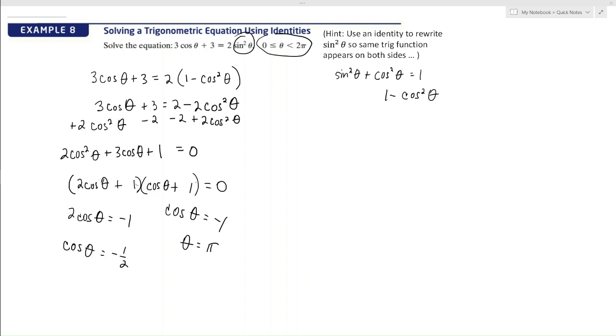When the cosine of theta equals -1/2, theta is equal to either 2 pi over 3, and then it happens again when theta is equal to 4 pi over 3. Okay, so our solution set for this that's between 0 and 2 pi is going to be 2 pi over 3, pi, and 4 pi over 3.